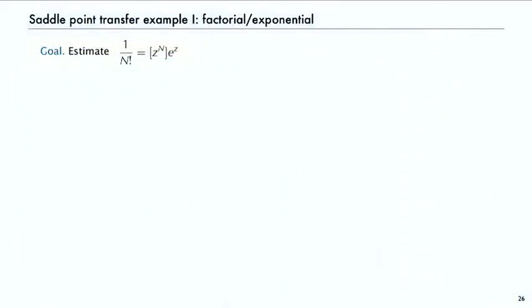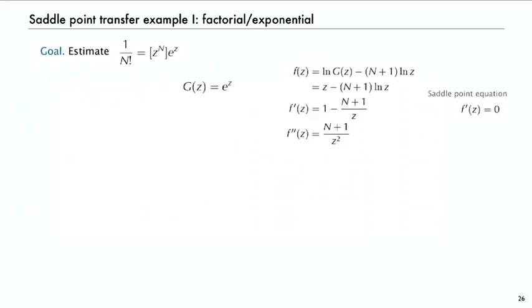So estimating 1 over n factorial as a saddle point approximation, coefficient of z^n in e^z. So G(z) equals e^z, and then taking logs, our saddle point equation is 1 minus (n+1)/z equals 0.